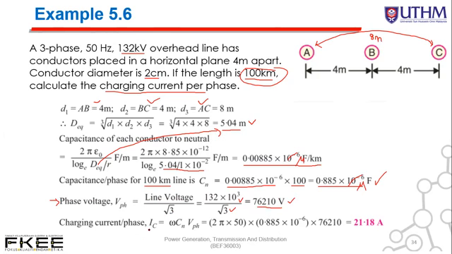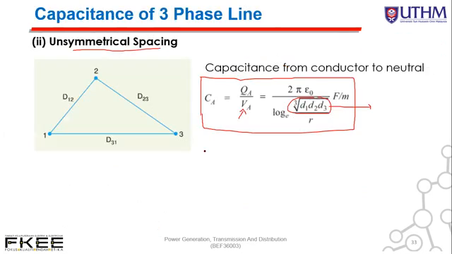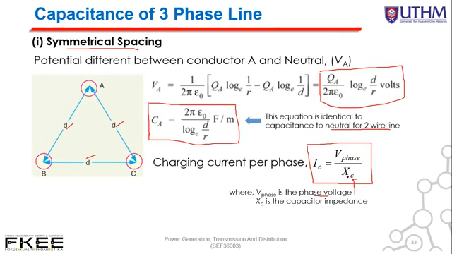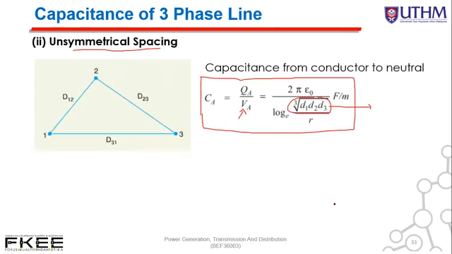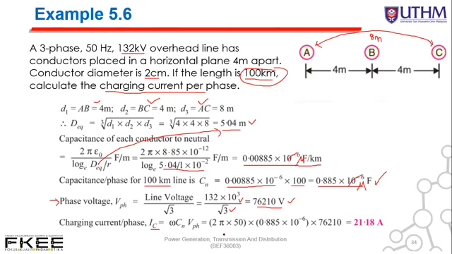So from the previous equation, we can calculate the charging current per phase IC. IC is nothing but this equation, V phase divided by XC, that is the capacitor impedance. V phase is 76210 volts, XC equal to 1 over omega Cn, where omega is 2 pi f, and f is 50 hertz frequency.